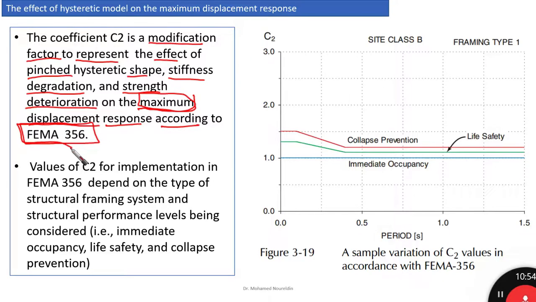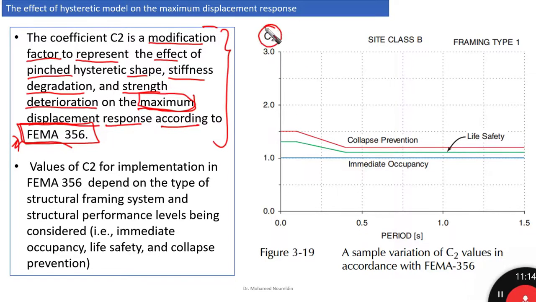Even though FEMA 356 is considered a bit old, it is important because it is a solid fact that we need to take into consideration, and we can think about how FEMA was thinking about this and putting in their coefficients.